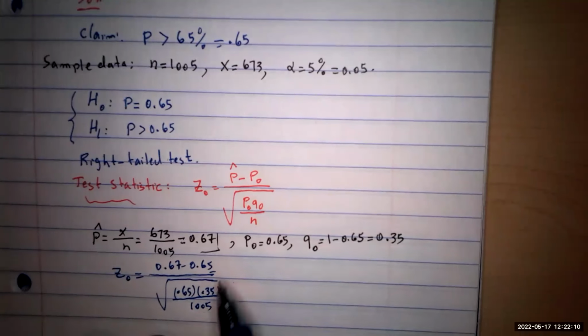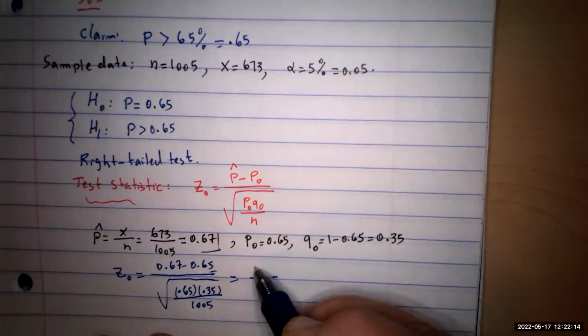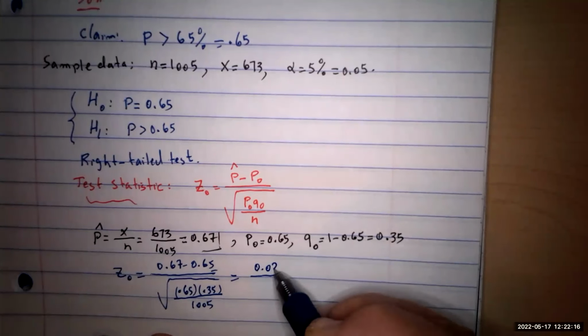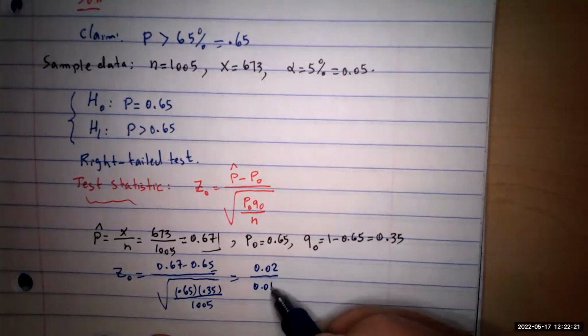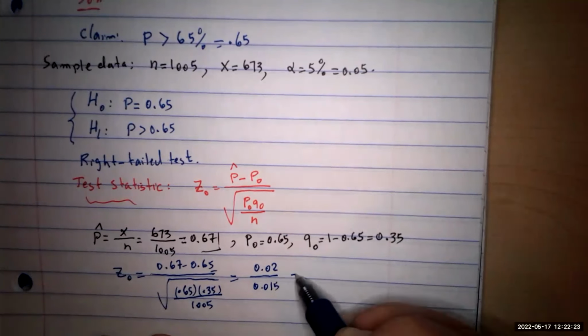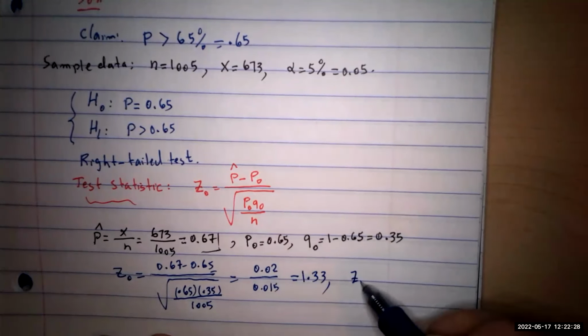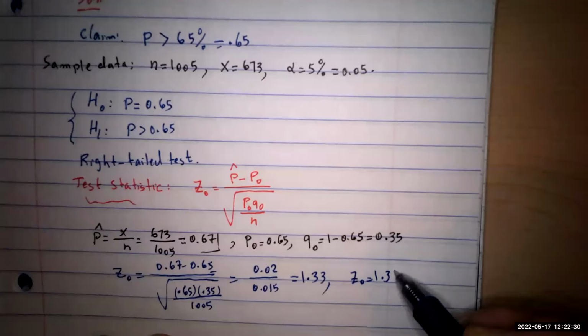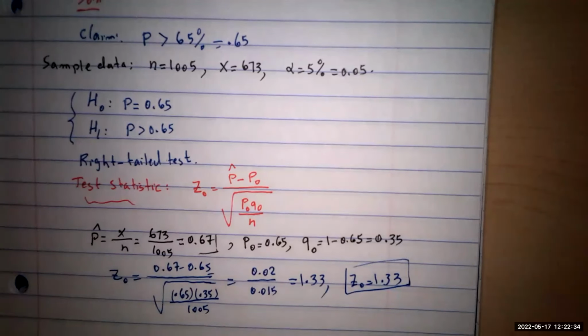If you simplify, the top is clear, 67 minus 65, which gives you 0.02. You can simplify the bottom too, and this is what I got; you can check with your calculator. It's 1.33. So Z naught is 1.33. That's your Z stat, or test statistic. Any questions?